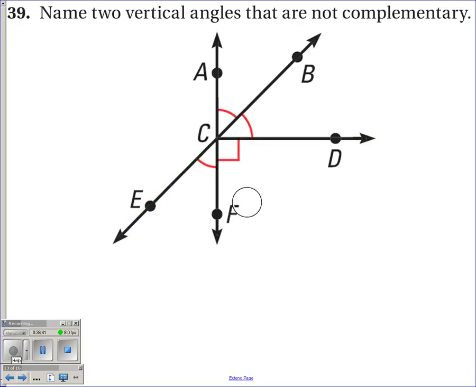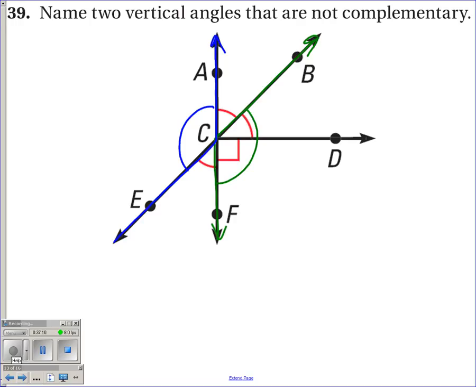Let's go to angle FCB. Angle FCB is part of two lines intersecting. And now then, look at this angle, angle ACE, and this angle, angle BCF.